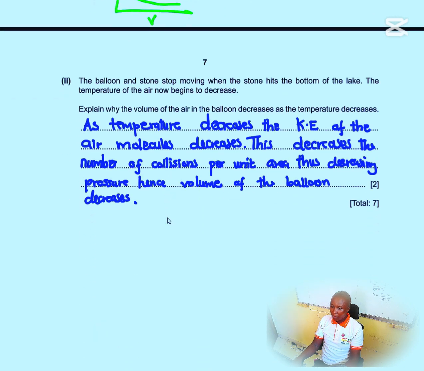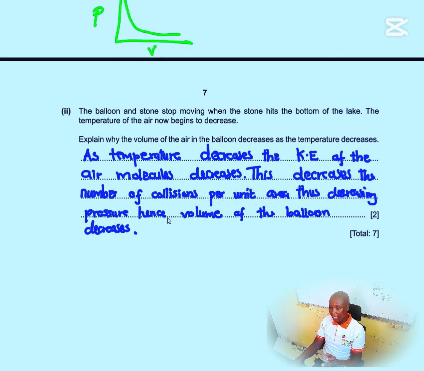Explain why the volume of the air in the balloon decreases. We have already said that pressure is inversely proportional to volume, so as pressure increases, volume decreases. As temperature decreases, the kinetic energy of the air molecules decreases, which decreases the number of collisions, so the pressure decreases.